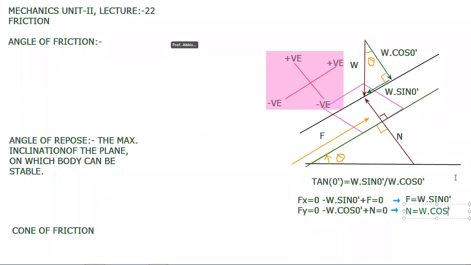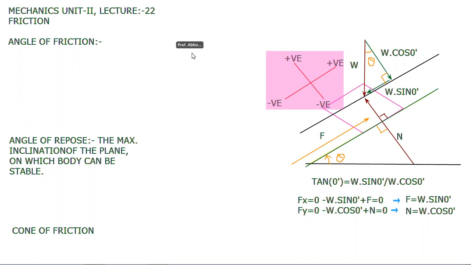N will be equal to W cos theta. Now we have W sin theta and W cos theta. Now divide equation number 1 by equation number 2.